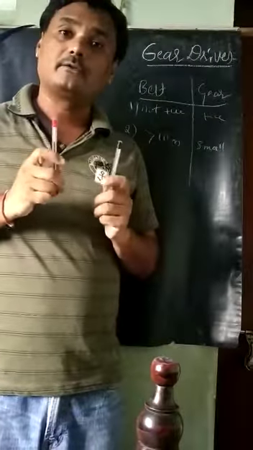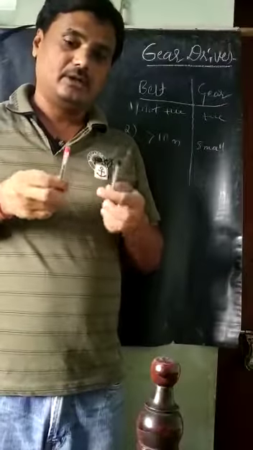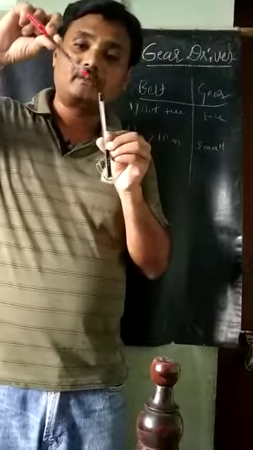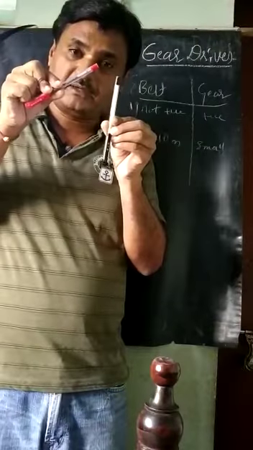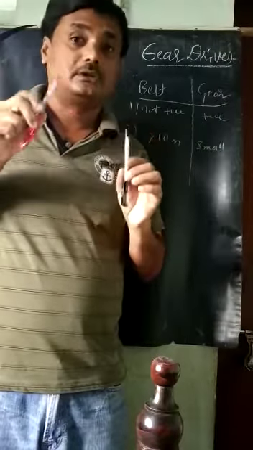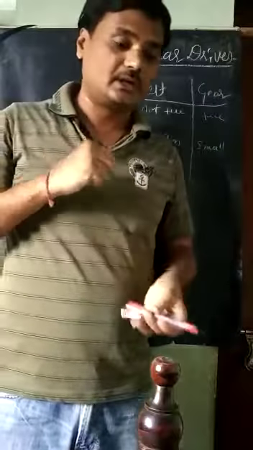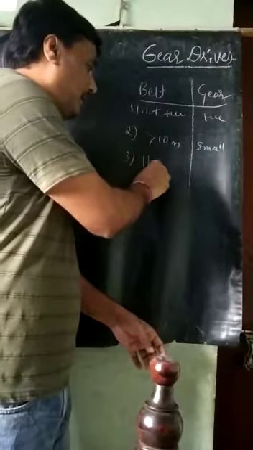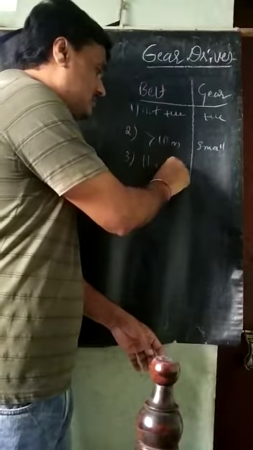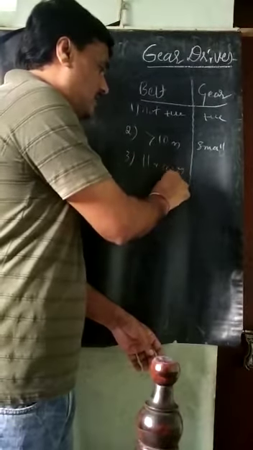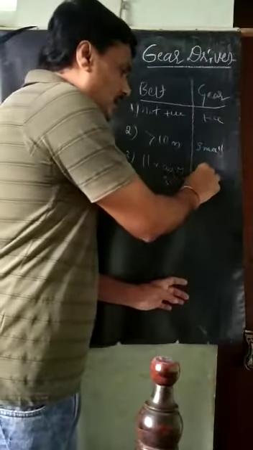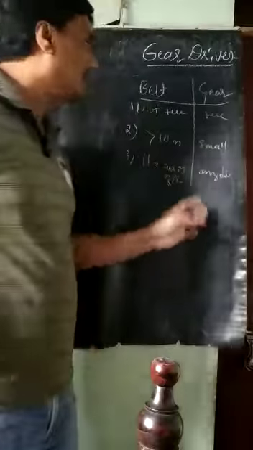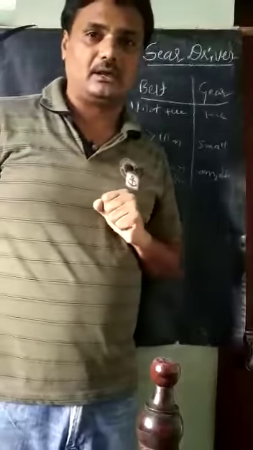But in the case of the gear drive, if the shafts are parallel, or perpendicular, or making some angles like this, then also we can use the gear drive. That means the belt drive is suitable for the parallel axis of shafts. In the gear drive, the power can be transmitted in any direction.